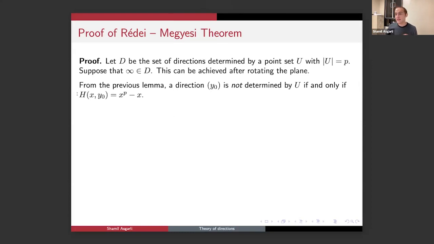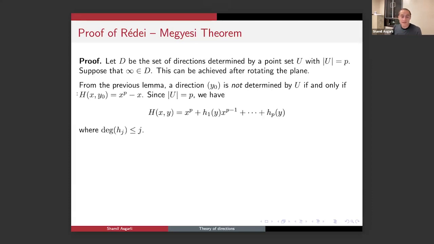Now, from the previous lemma, we know that the direction y0 is not determined by U if and only if the Rédei polynomial specialized at y0 is x^p minus x. But since U is a set of size p, my Rédei polynomial looks like this.